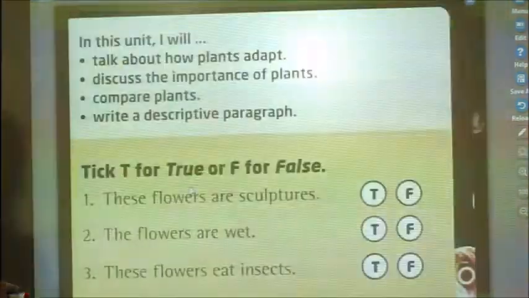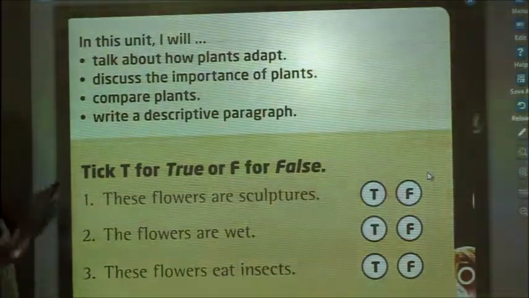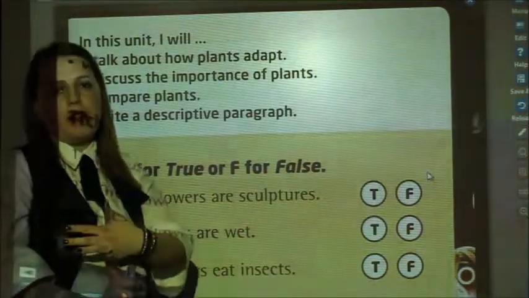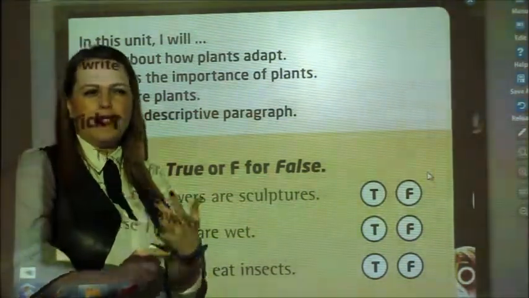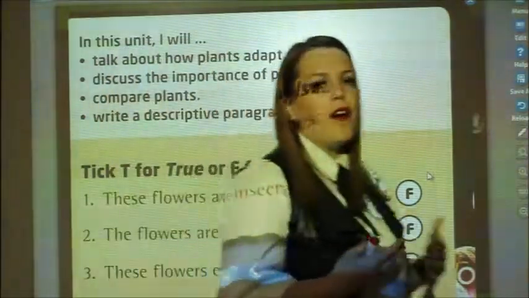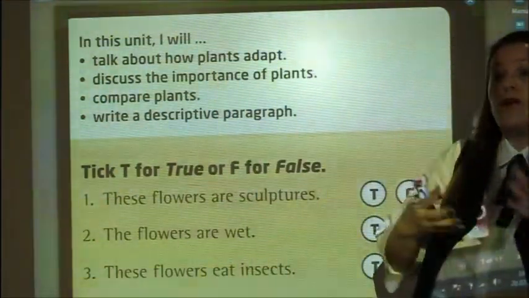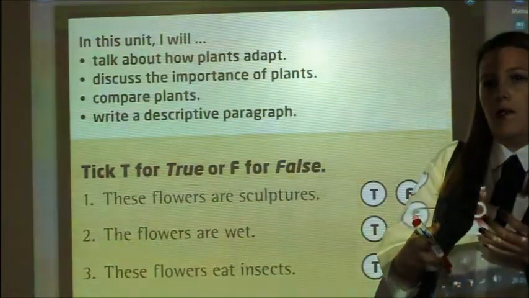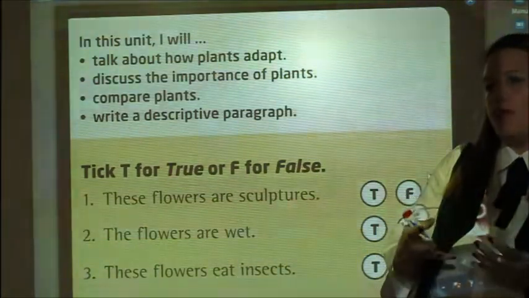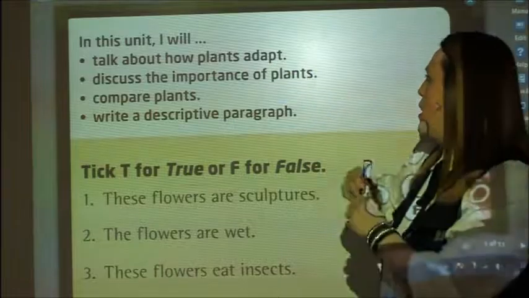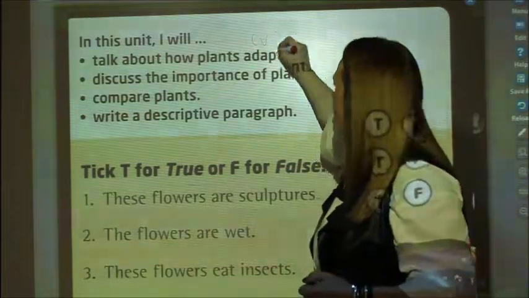In this unit, we will talk about how plants adapt. Adapt means to be in harmony with, for example, not to be a stranger, to be part of the place. Adapt is a verb.